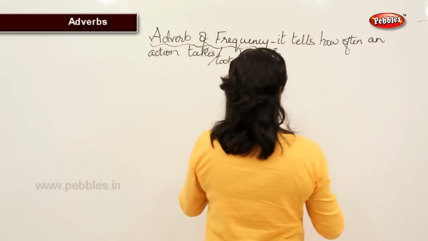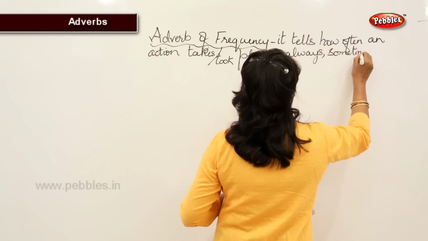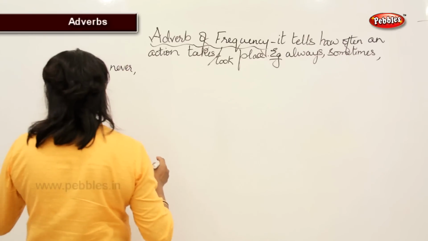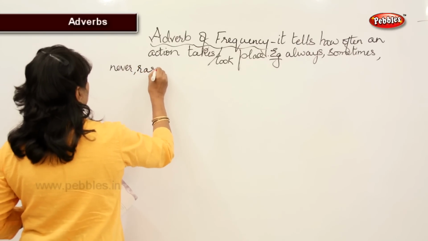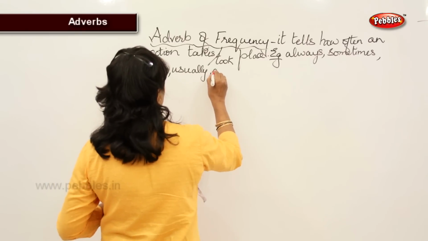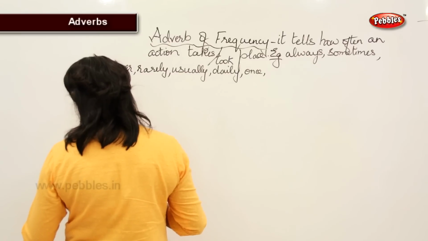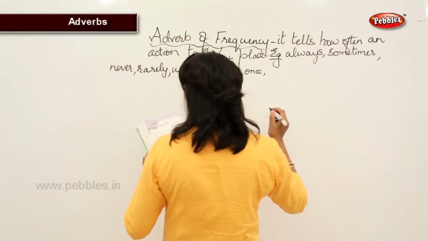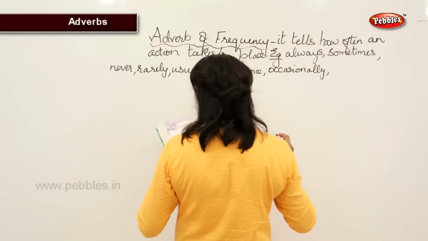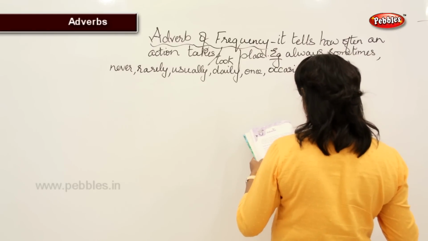Okay, examples: we have here always, sometimes, never, rarely, usually, daily, once, occasionally, and never.